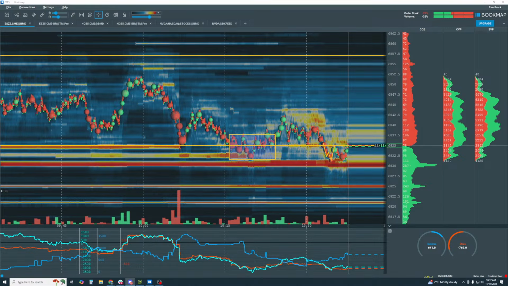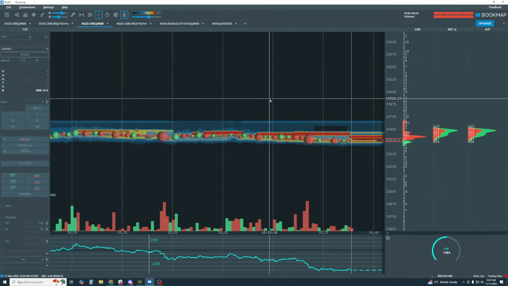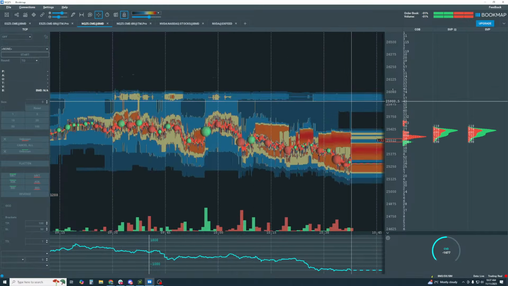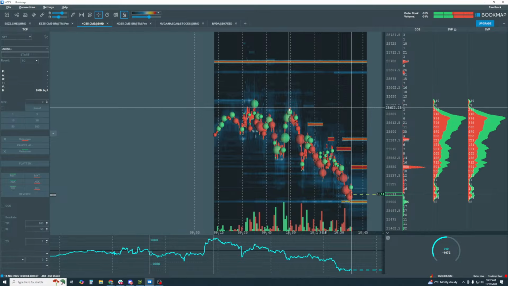Let's see. So let's jump over to NQ. Repeat, you're talking about something. So there's a big move here. I mean, the NQ is going to move since the jitters are happening in tech.